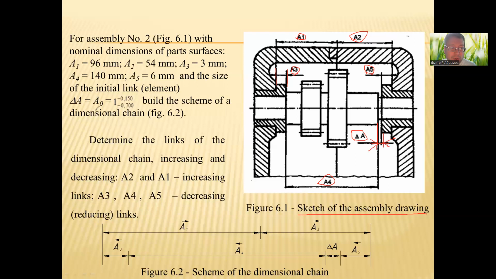A0, or delta A, is equal to 1 millimeter with upper limit deviation minus 0.15 and lower limit deviation minus 0.7. Build the scheme of a dimensional chain. You can see the scheme of the dimensional chain in figure 6.2.